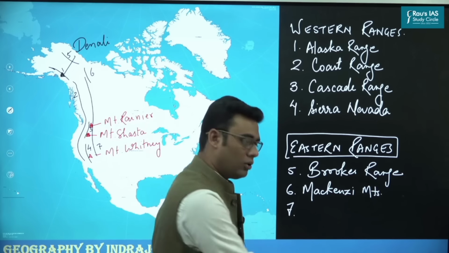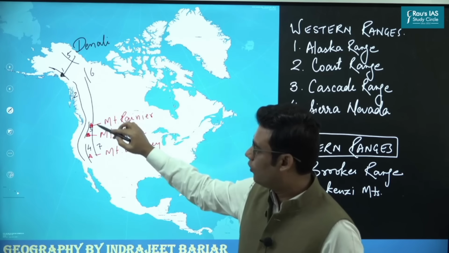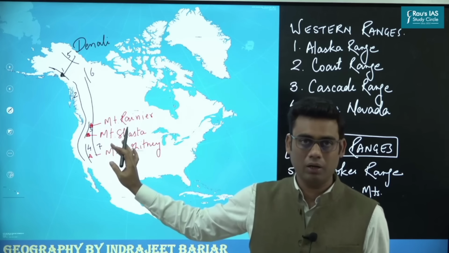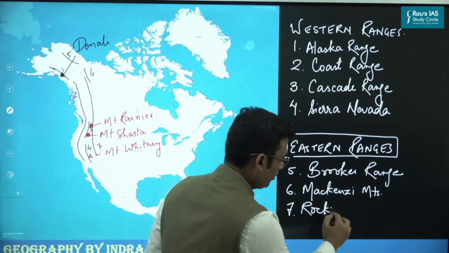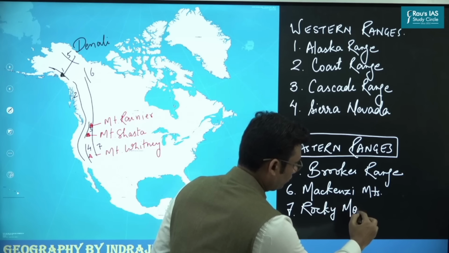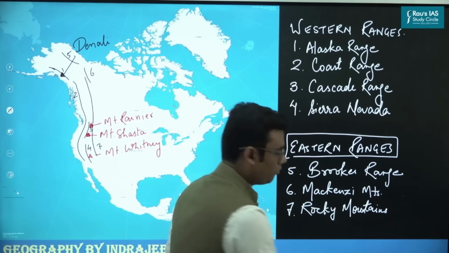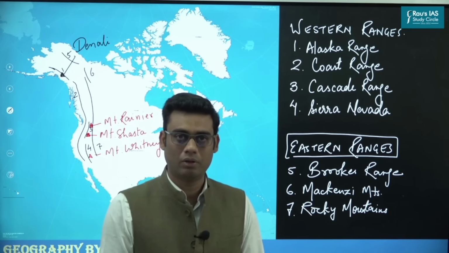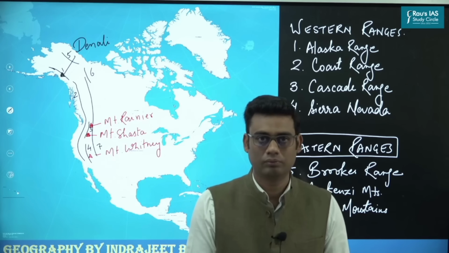And the 7th one, which is the most extensive fold mountain formation in North America, goes by the name Rocky Mountains, or simply called the Rockies. So this comprises the Eastern ranges.